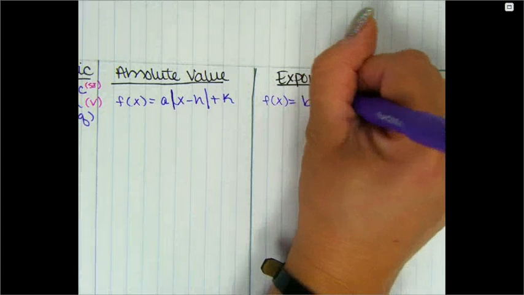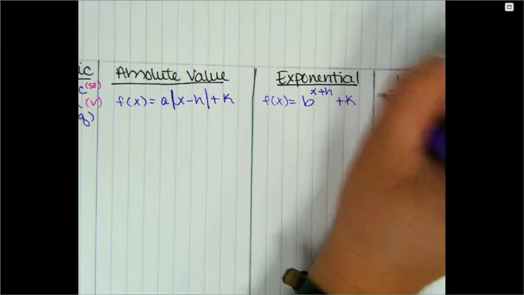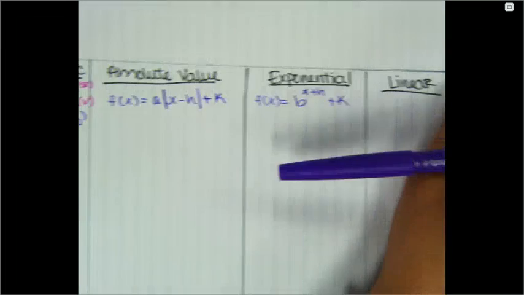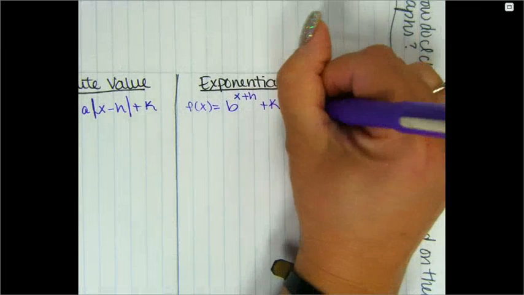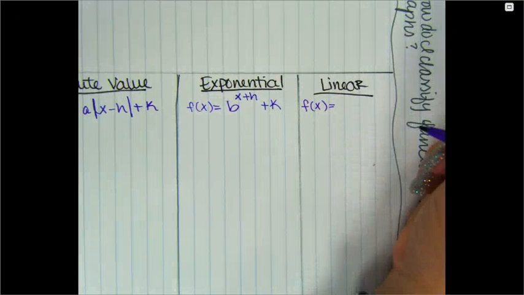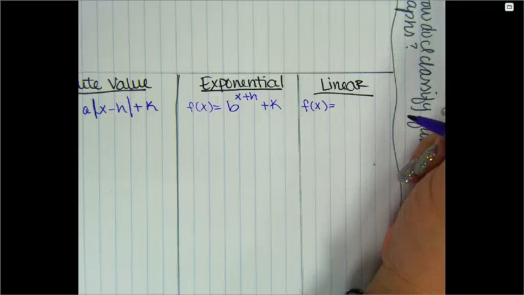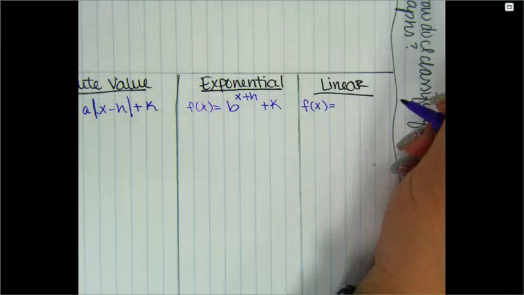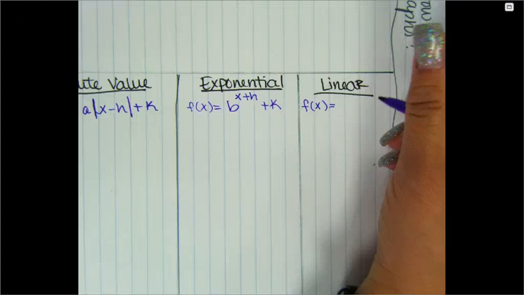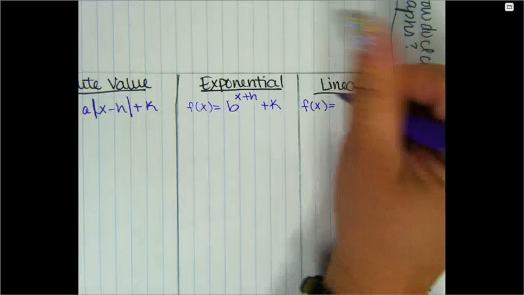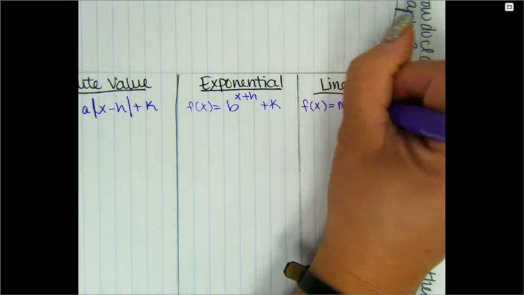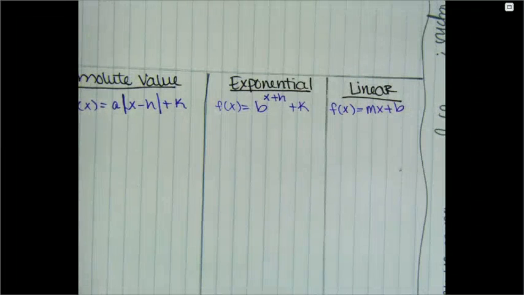Plus h plus k. And lastly is linear. F of x equals what? Think of IM1. How about I start you out with y equals? There we go. So f of x equals mx plus b.